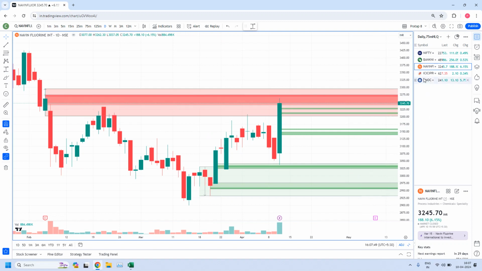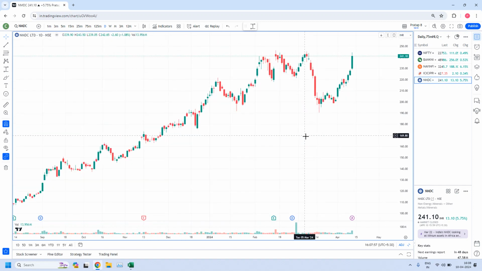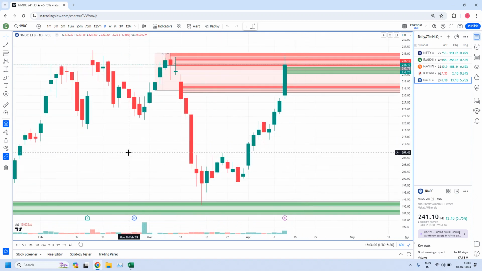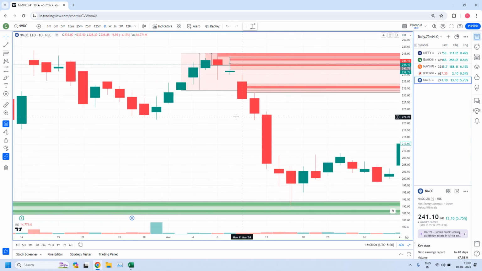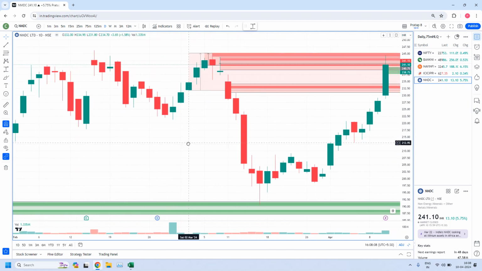Okay, the next one is NMDC. NMDC is a daily high liquidity supply zone. So this is the one.